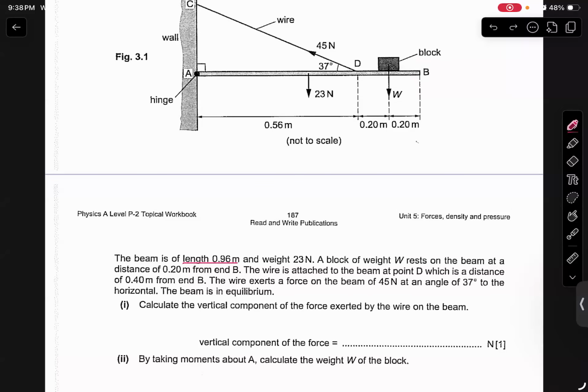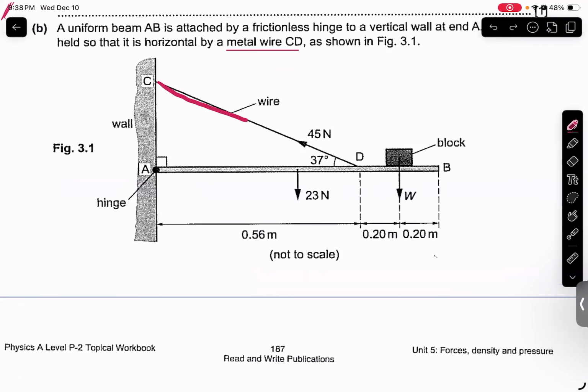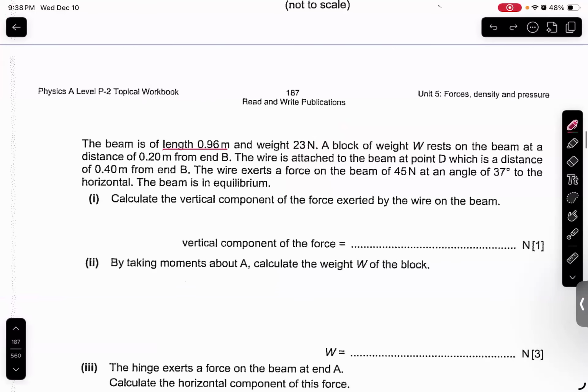The wire is attached to the beam at point D, at a distance of, blah, blah, blah. The wire exerts a force of 45 newtons at an angle of 37 degrees. So the wire is holding this beam with a force of 45 newtons at an angle of 37 degrees.